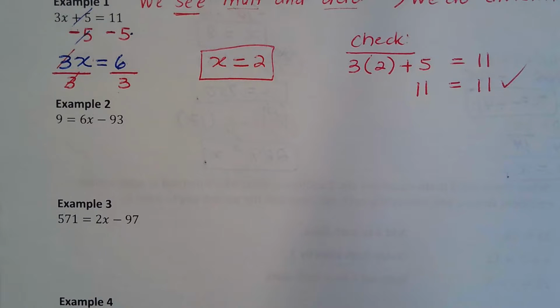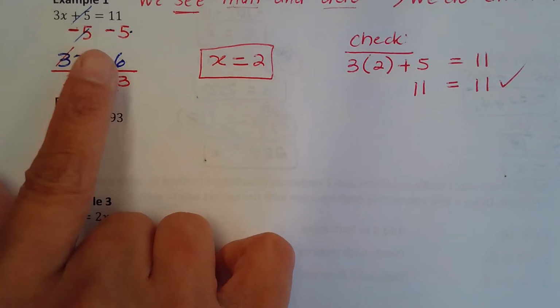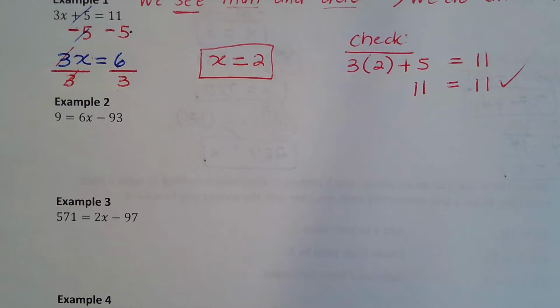I didn't really know how to set that up. But all of the things that we did, like subtracting by 5, I see it there. I see dividing by 3.